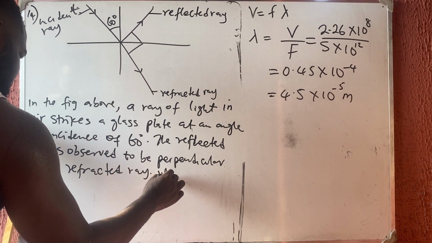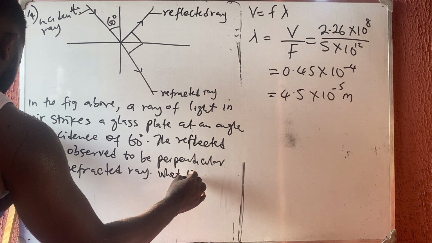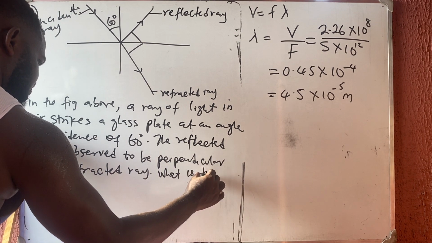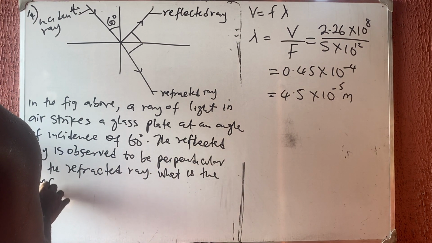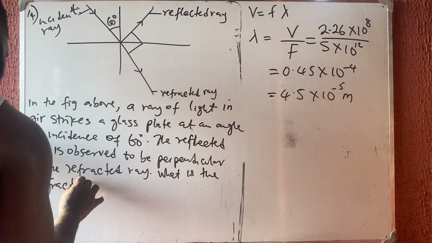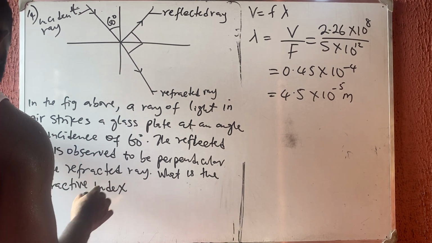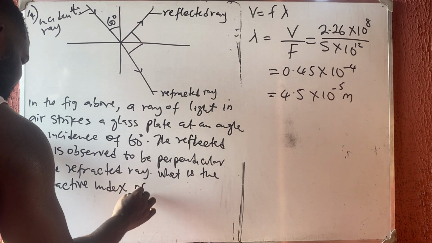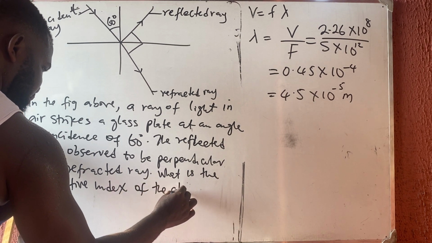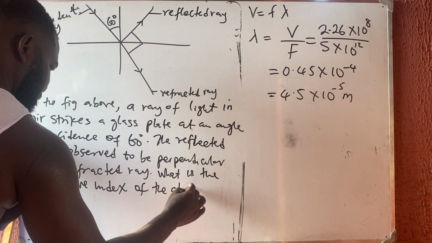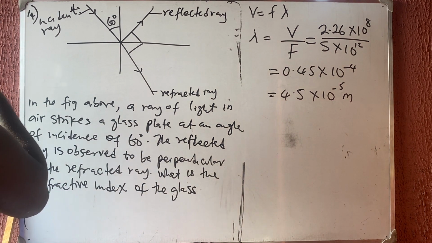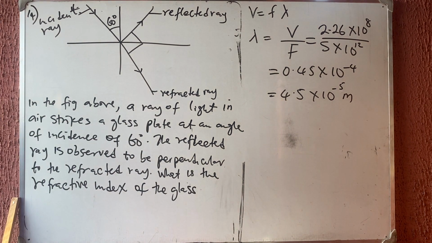Then they ask, what is the refractive index of the glass? Now having this, this is very, very simple. So what do we do?